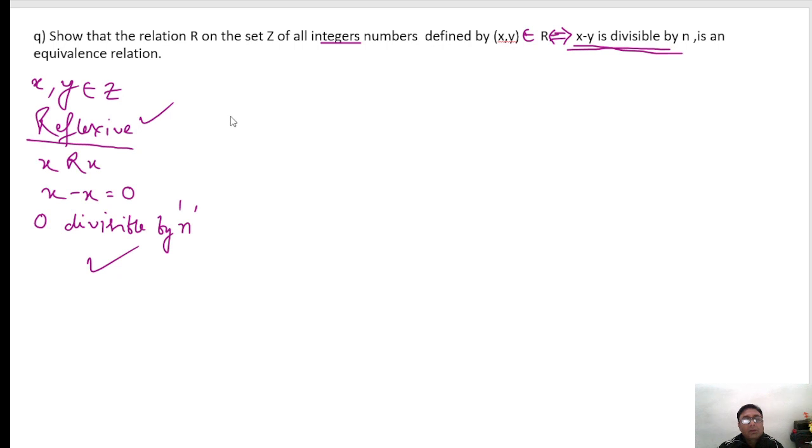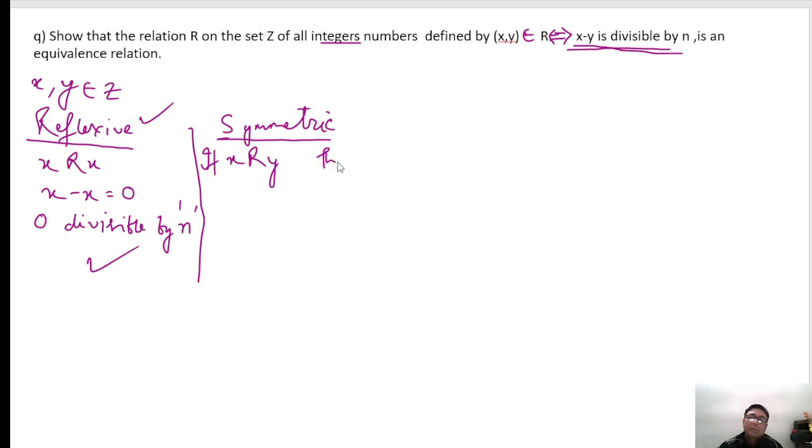Let's see symmetric. Let's check for the symmetric condition. What is symmetric? If x R y, then y R x is possible or not.